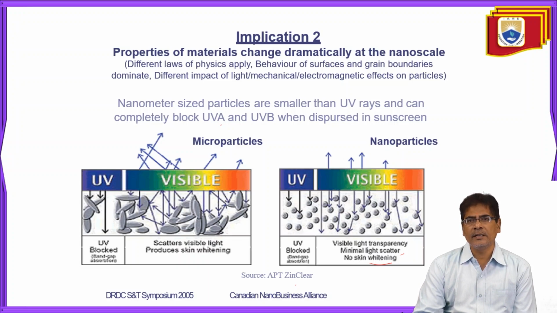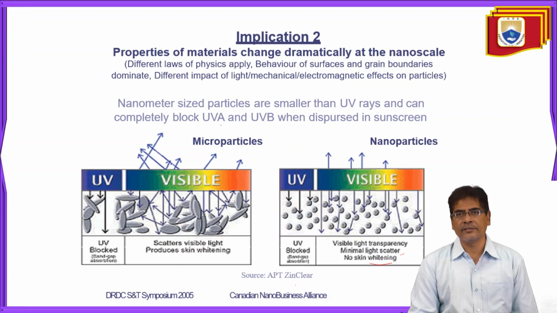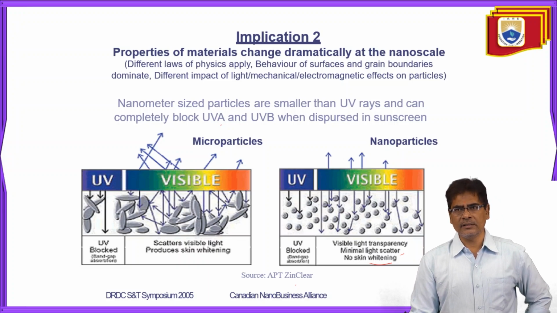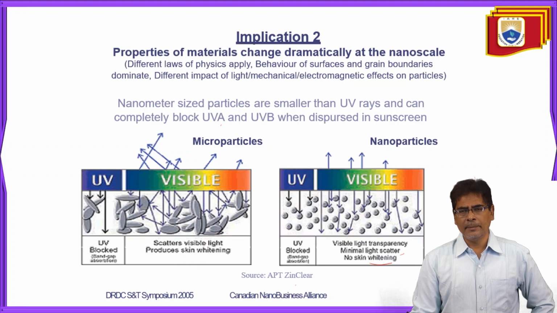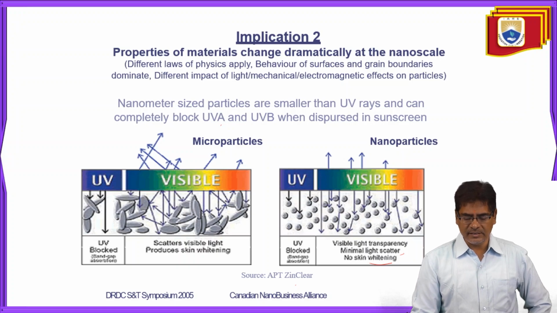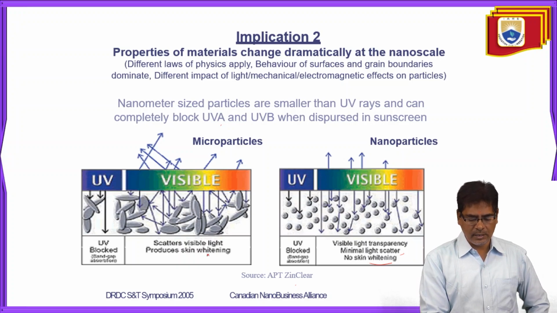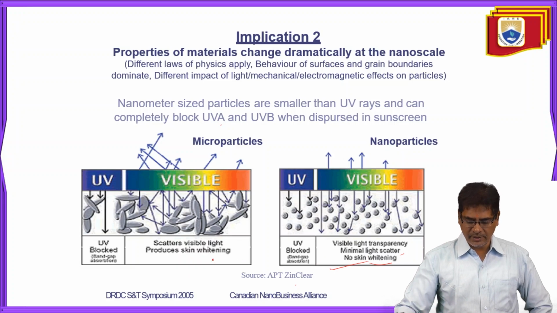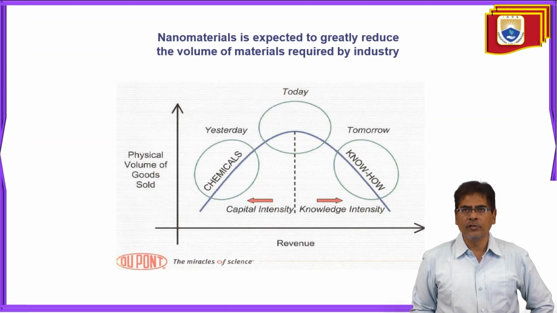Nano-sized particles are smaller than ultraviolet rays and completely block UVA and UVB when dispersed in sunscreen. So we can see the UV blocker and visible light.